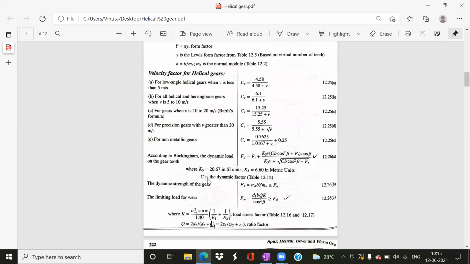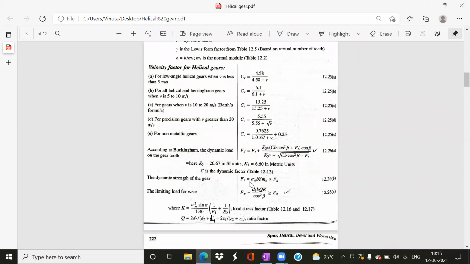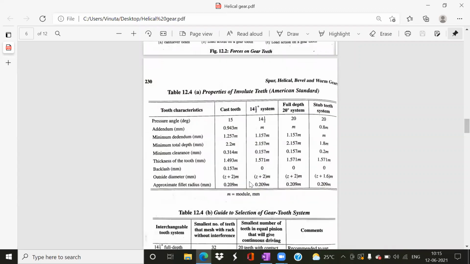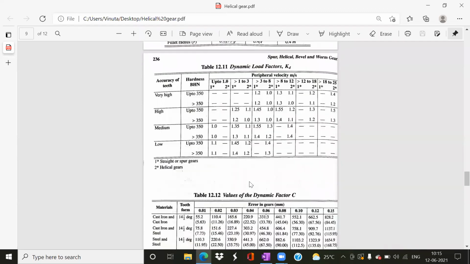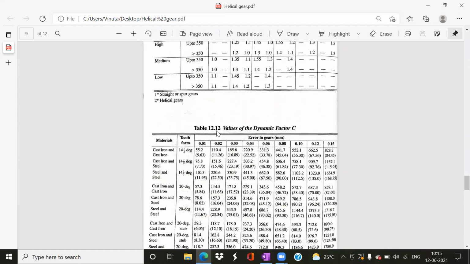You have to take this, and for C you have to find the dynamic factor, that is 12.12. I think I have written it as 12.2. We'll check what the table number is. Yes, it is 12.12. From this table you are going to get the value of the dynamic factor.